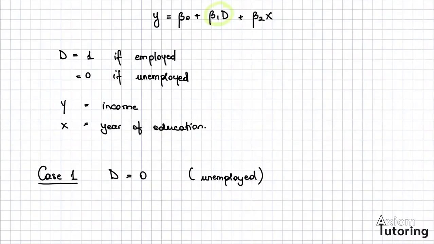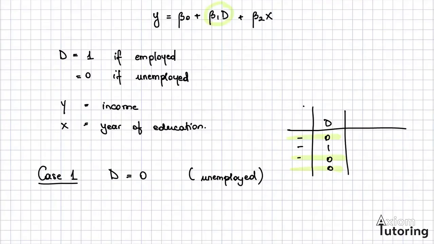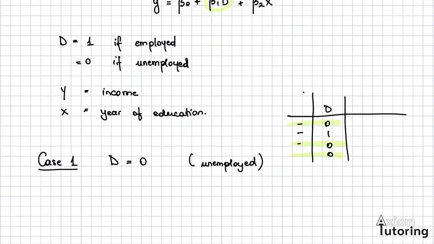So out of all of your Excel spreadsheet entries on the observations, you're technically selecting only the lines where you have this dummy equal to 0. So this case is giving you the regression line for unemployed individuals.